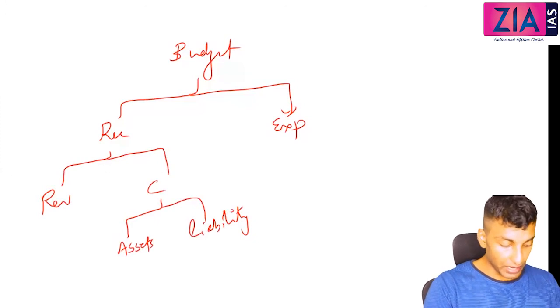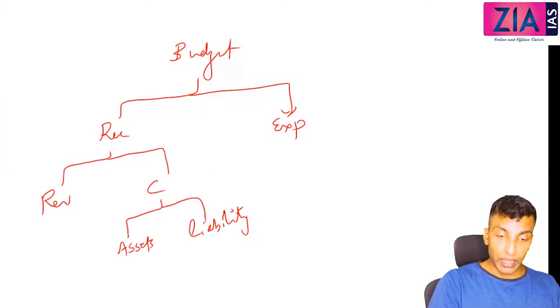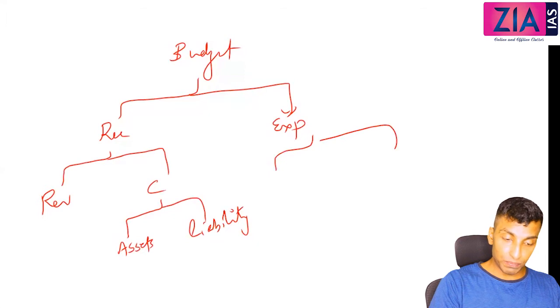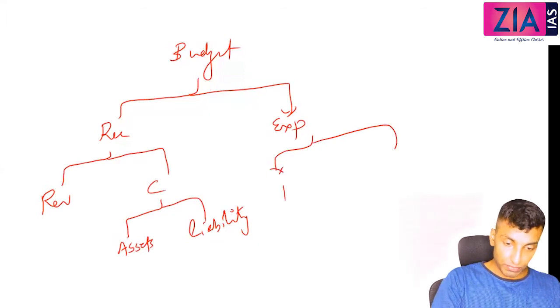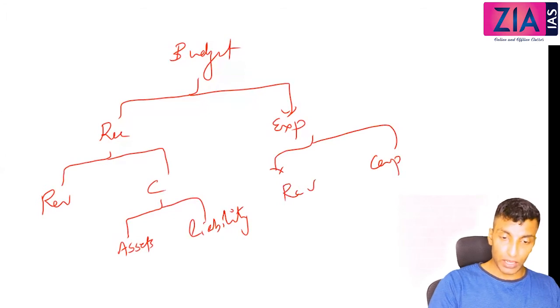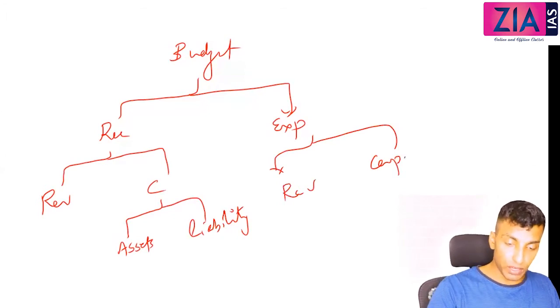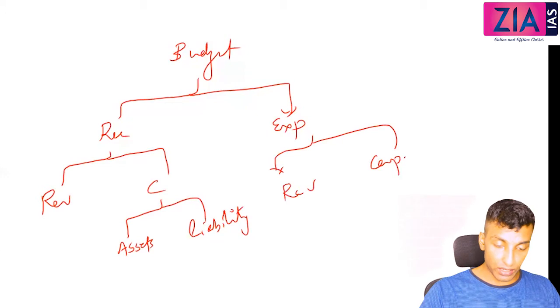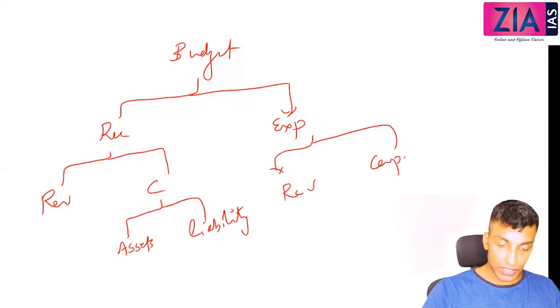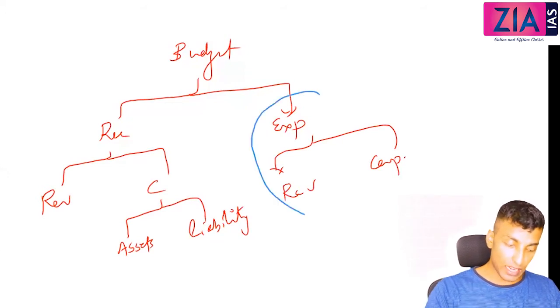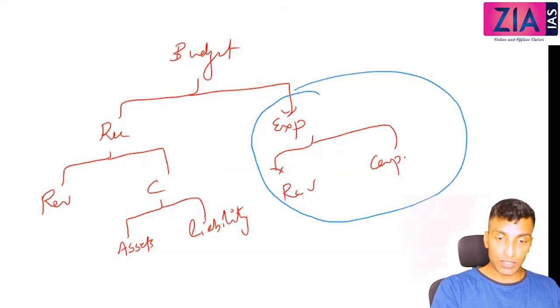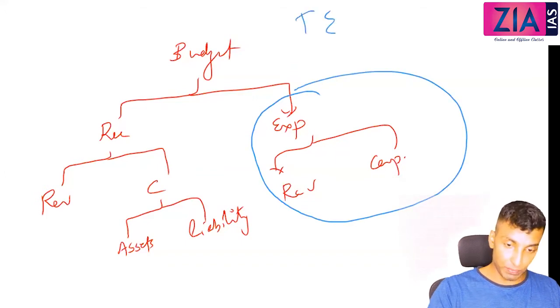The asset and liability related part. Now in expenditure, what are the two types? Revenue expenditure and capital expenditure. Okay, so when we talk about fiscal deficit, what we have done here, if you see, is take total expenditure, right?